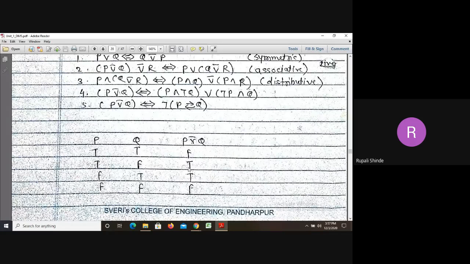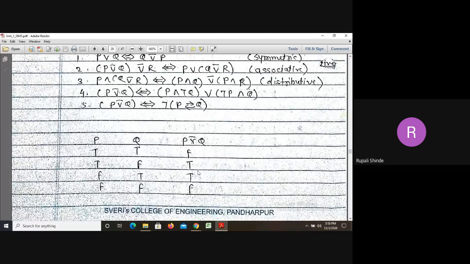So if you check this first T, what is value of P? It is T. So we can consider that variable in its original form, that is P. And the value of Q is F. So we have to take its negation. So P and negation Q. Or means what?